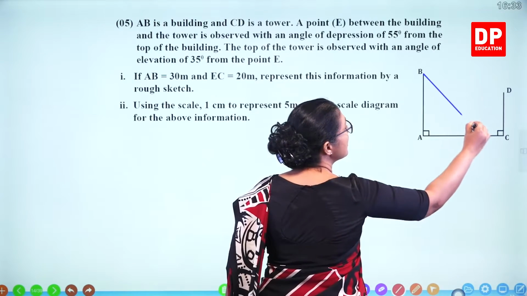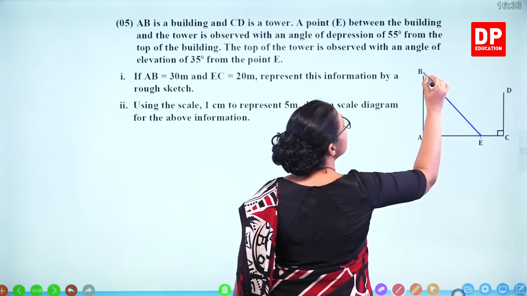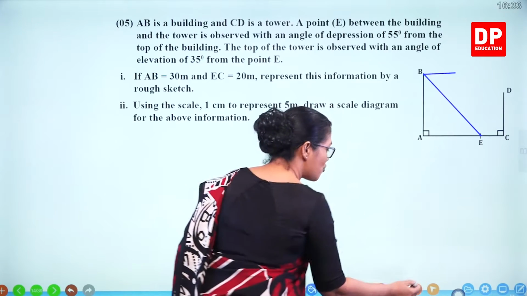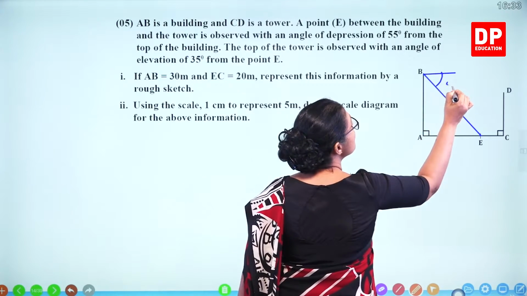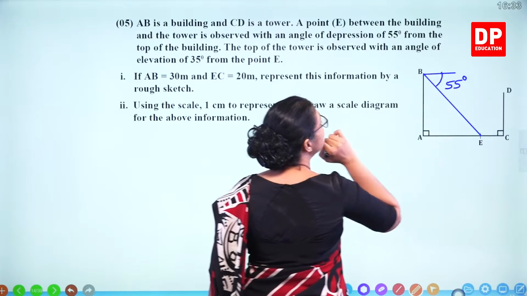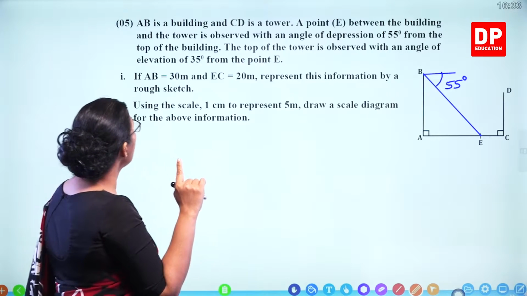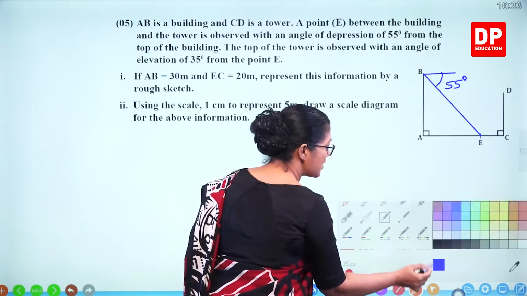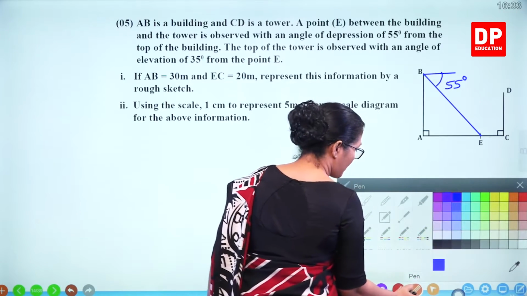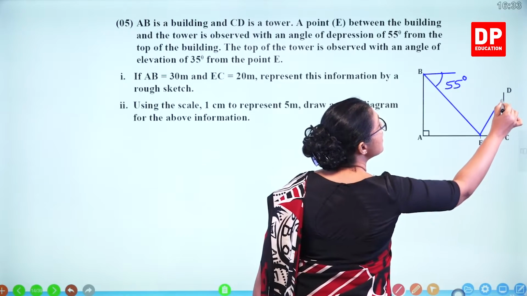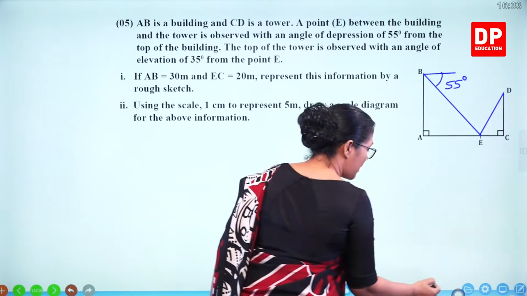From here to here. The angle of depression means from the horizontal line, this is 55 degrees. Then the top of the tower is observed with an angle of elevation 35 degrees. From here to here, angle of elevation.